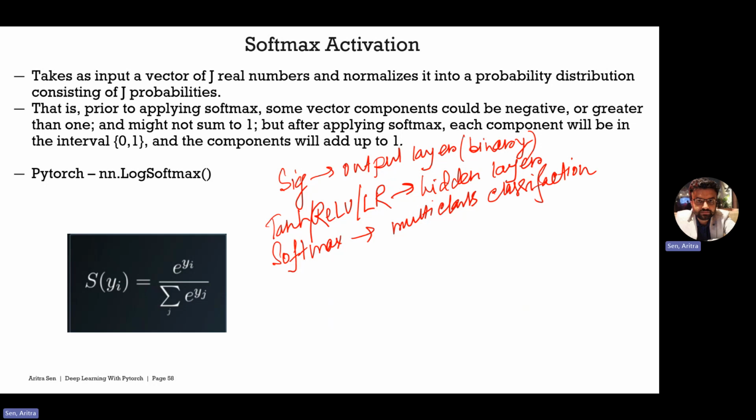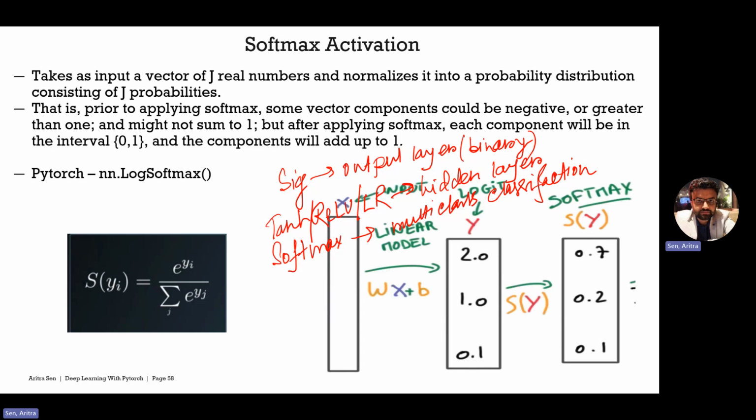Now, what does this Softmax activation function help us to do? In the output layer, in the end, we need the probabilities, right? And probability has to be in the range of 0 to 1. But before going to the output layer, we have what we generally call logits.